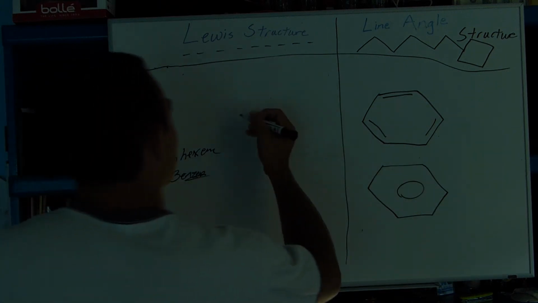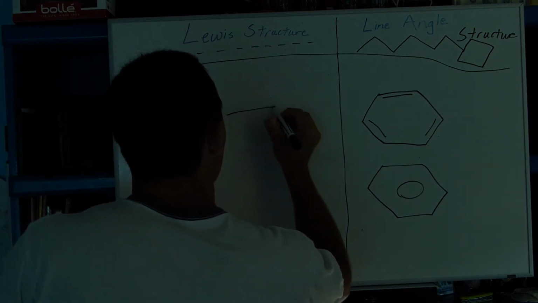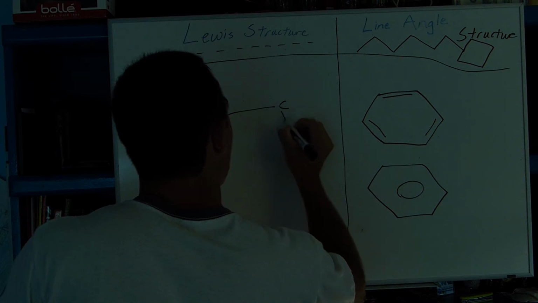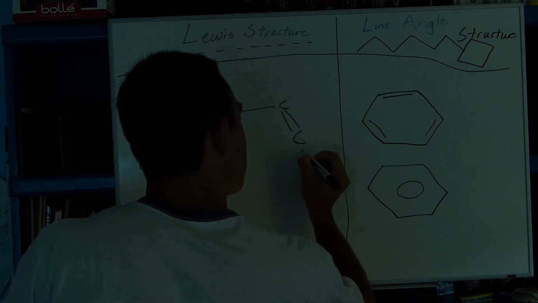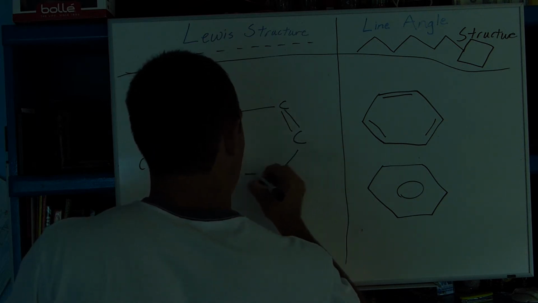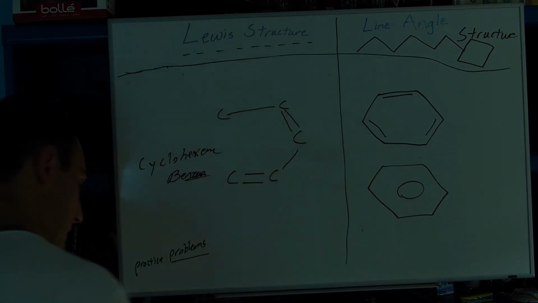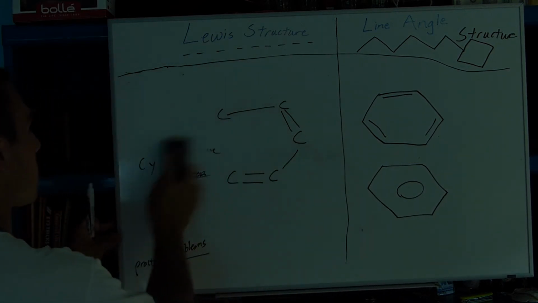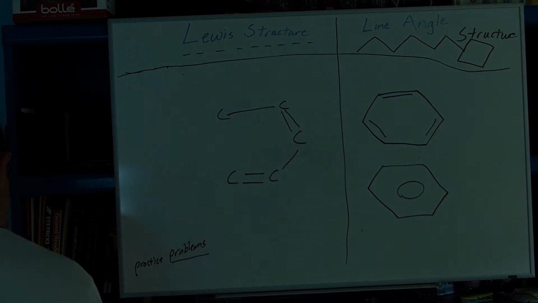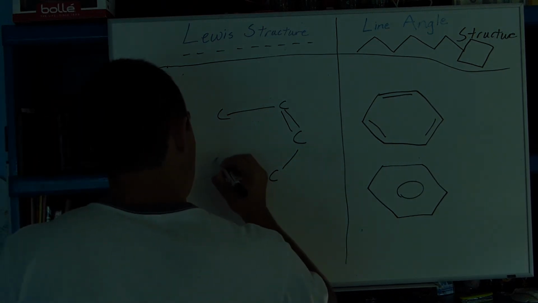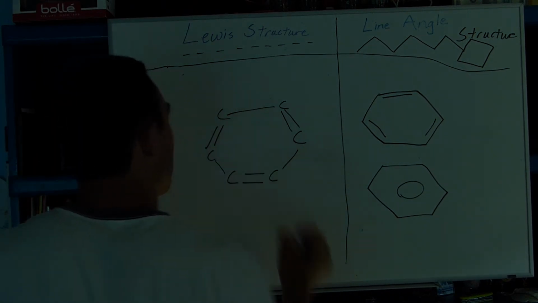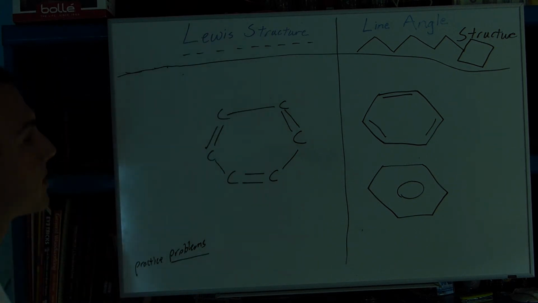Now with the Lewis structure, we're going to draw our carbons. And sometimes it's easier to draw it out this way. I'm going to erase the names over here. Okay. Now look. 6 carbons.